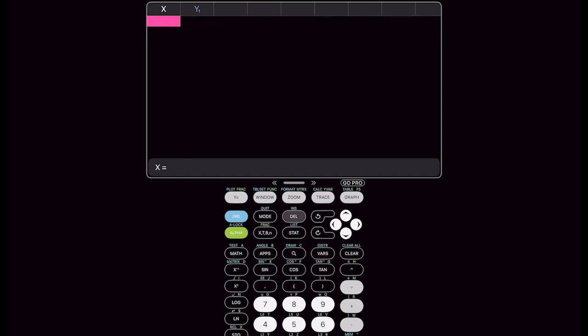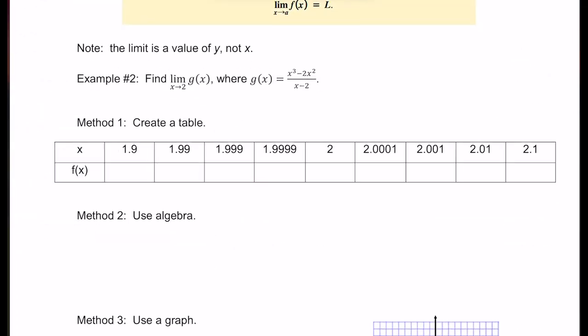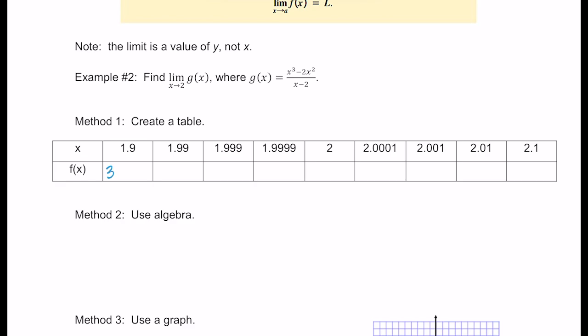Yeah, that's what you have to do. At least if you're using the app, you have to click delete. Okay, let's try it again. Oh, I guess that is correct. It's 3.61. Let's see what the next one gives us. 1.99. Yeah, this looks like it's correct. So we get 3.61, and then 3.9601, and so on.